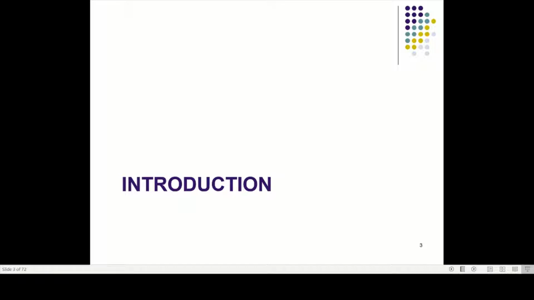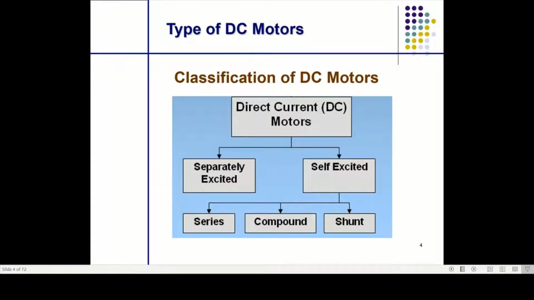Okay, a DC motor is any of a class of rotary electrical motors that converts direct current electrical energy into mechanical energy. And the most common types rely on the forces produced by magnetic field. DC motors are categorized in a number of types based on the input supply, construction, and principle of operation.